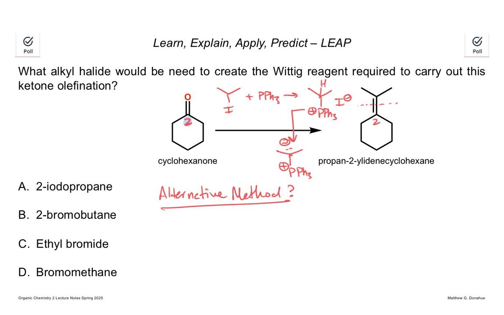We'll switch the other carbon around to be the carbonyl carbon, so that could then come from this ketone, and then that secondary bromide.